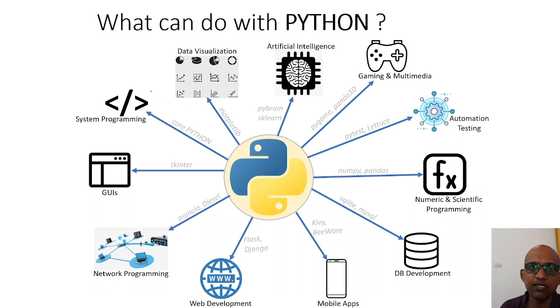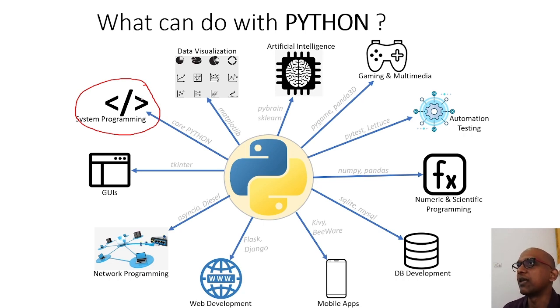In that case, with core Python you can do system programming. What is system programming? For example, you want to read a file in your D drive. There is a file in the D drive of your laptop, and using Python programming you can read that file.